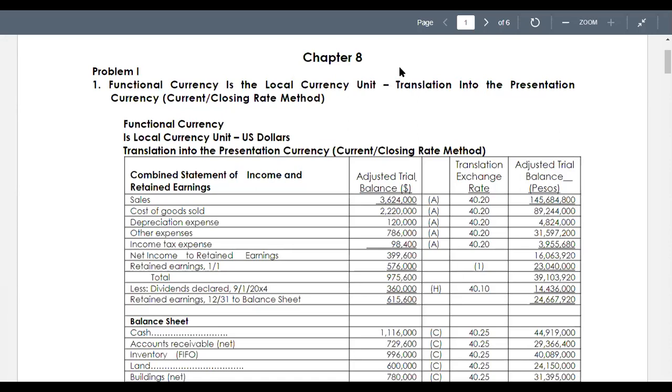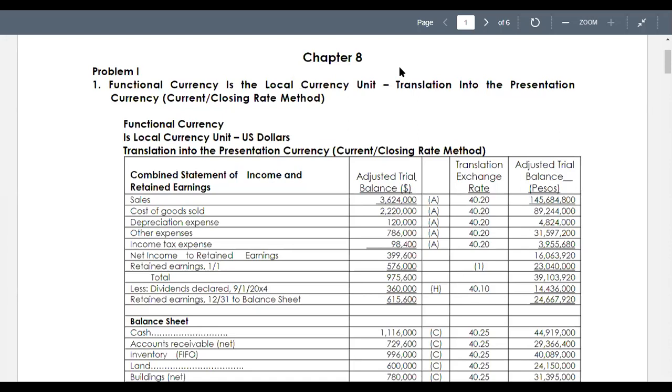So for your assets and liabilities, income and expense items of the foreign operation are translated at exchange rates at the dates of transactions. So we have now the actual or historical spot rates. Now, translation from functional to presentation currency method.